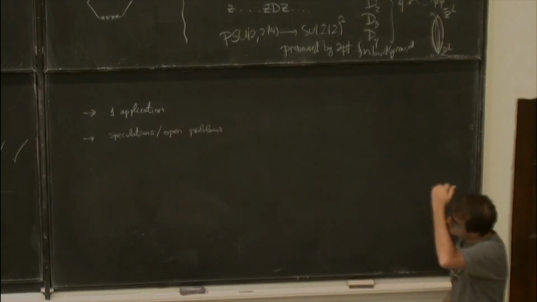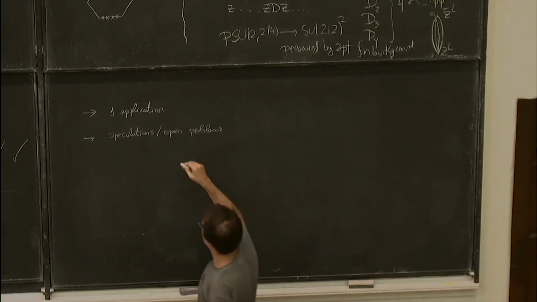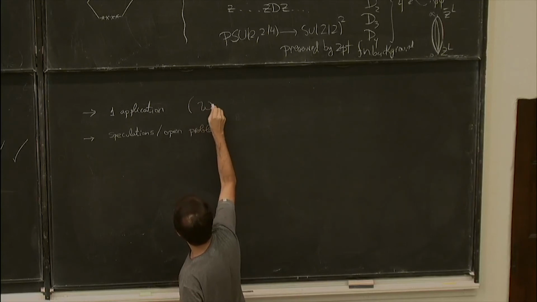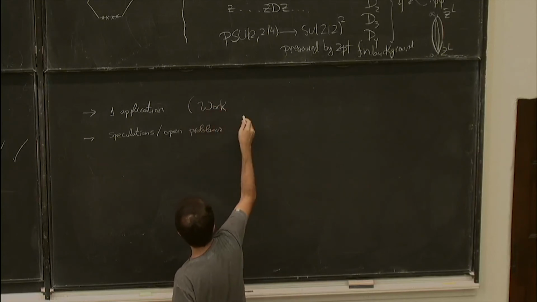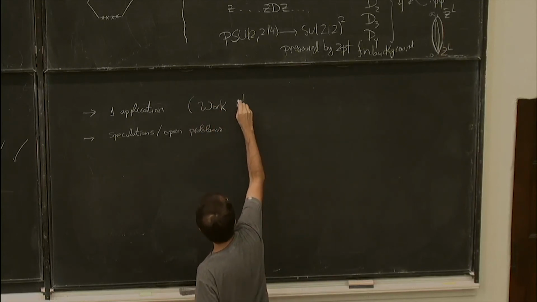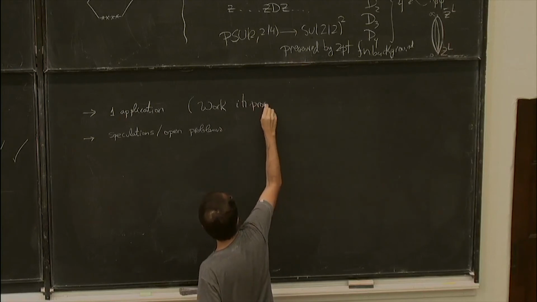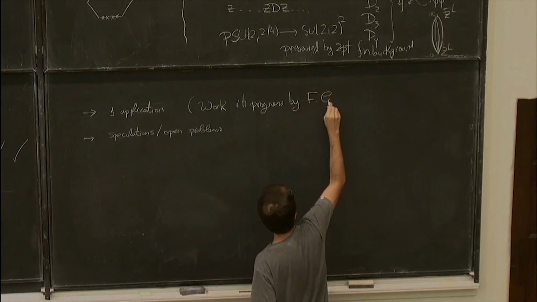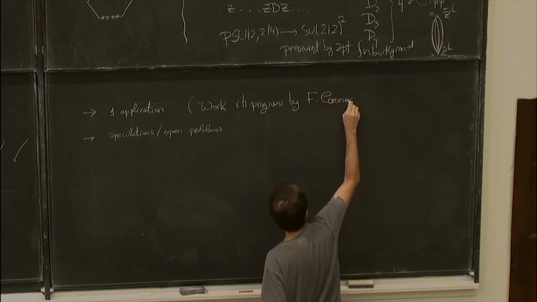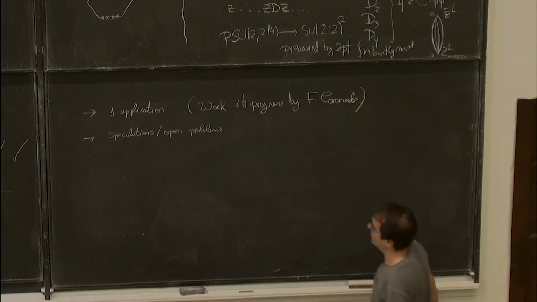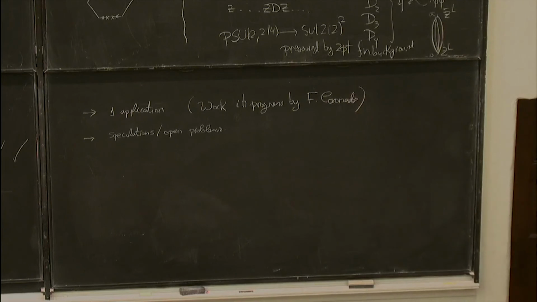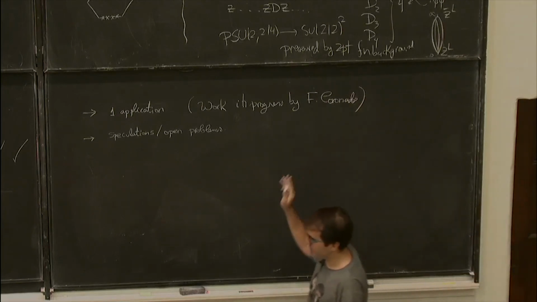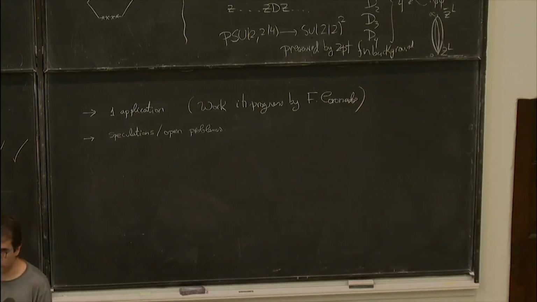Okay. So this application is a work in progress by my student Frank Coronado. And I think it's a cute application that allows to test many of the things we saw in Shota's lectures and also in this hexagon business.